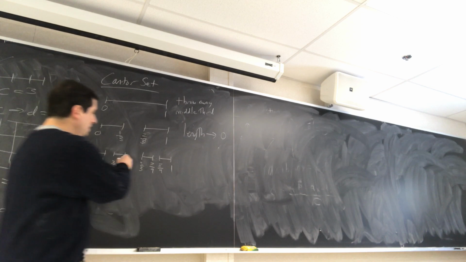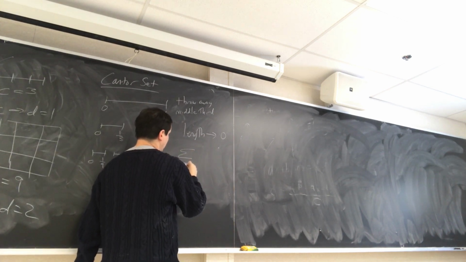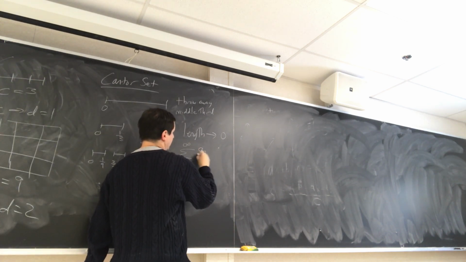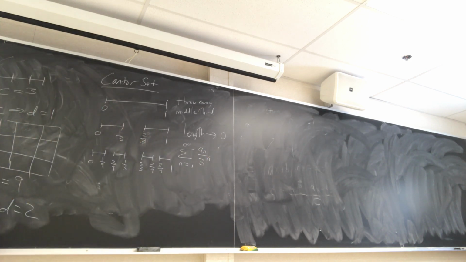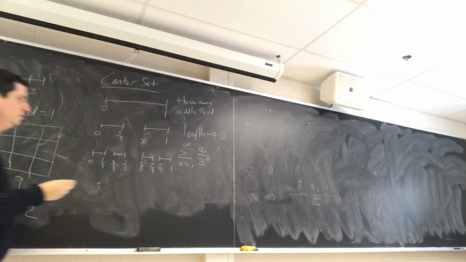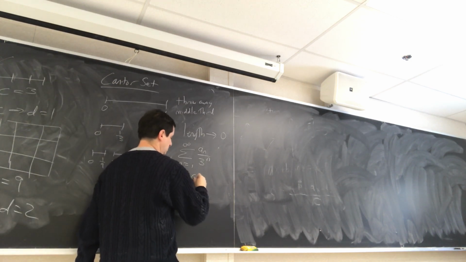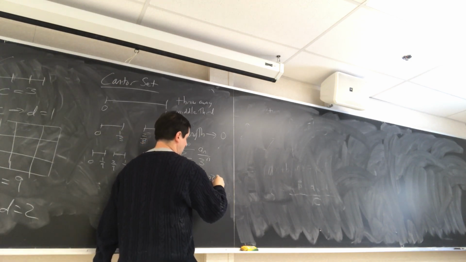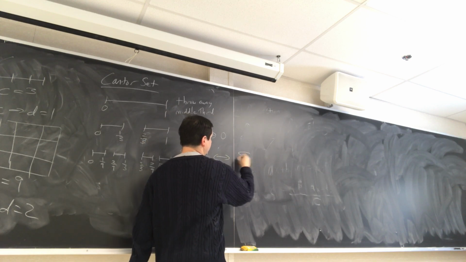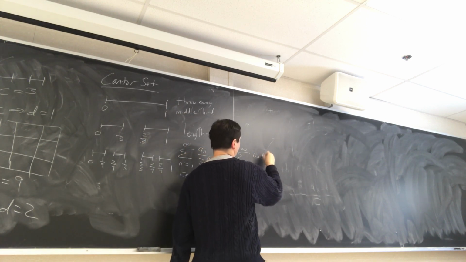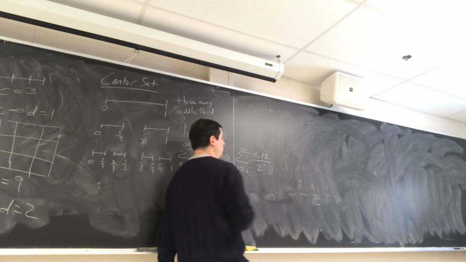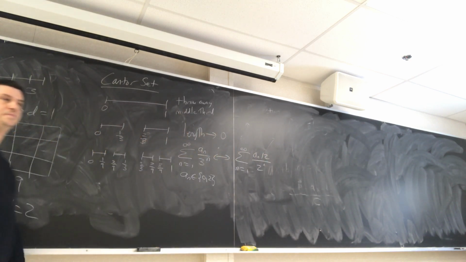So if I write my number, I can write it as the following: the sum of an over 3 to the n, where each an is either 0 or 2. But that means I could look at instead this new number, an over 2 to the n, because an over 2 is always going to be an integer.